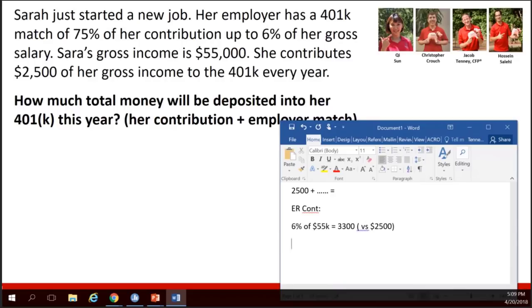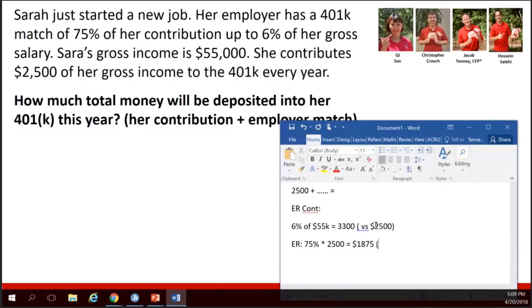So because 2,500 is smaller, it means that her employer is going to put 75% of her contribution, which is 2,500. So 75% of 2,500 is 1,875, I guess.